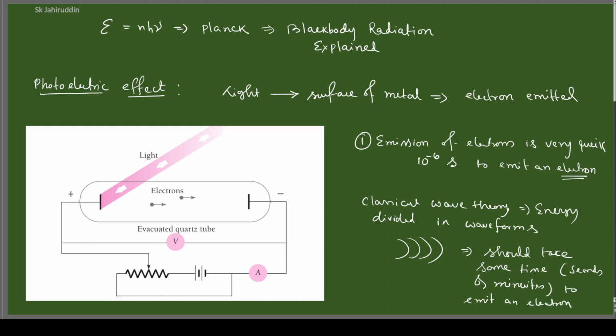So that very quick response of electrons was not clear from the classical theory of light.